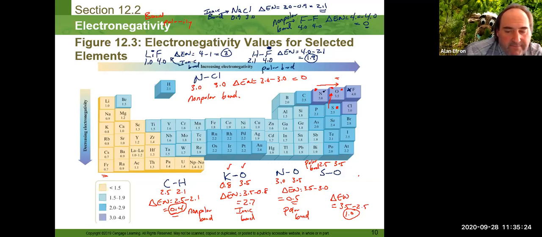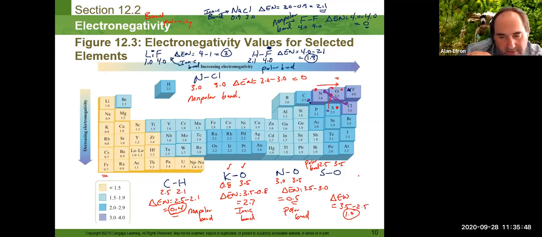Nitrogen is here, chlorine is here, they are diagonal of each other. And what that means is, although nitrogen is further up, chlorine is further to the right. So they basically cancel their differences and they end up with the same electronegativity value. You see that same relationship here with carbon and sulfur.